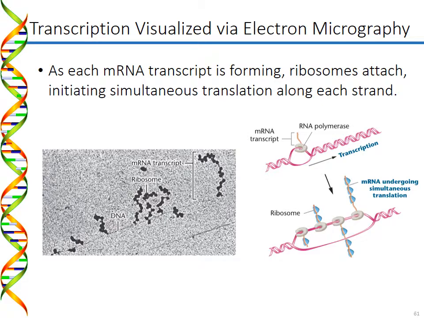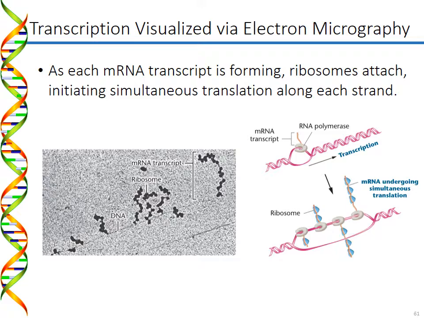So we can indirectly visualize the process of transcription occurring using electron microscopy. The process of transcription occurs in parallel with multiple RNA polymerases transcribing a gene at the same time. So as one polymerase enters the elongation stage and moves down the DNA strand, a new polymerase binds to the promoter and initiates transcription.